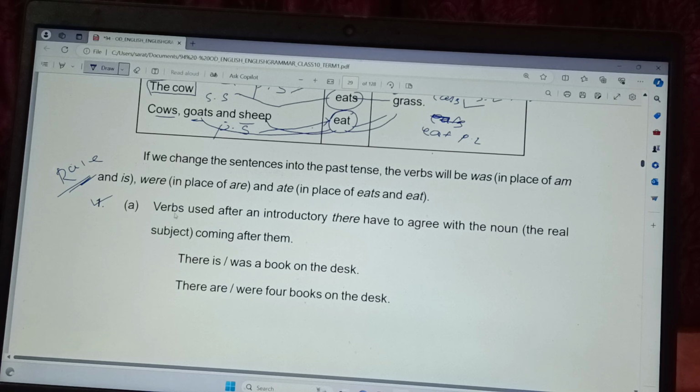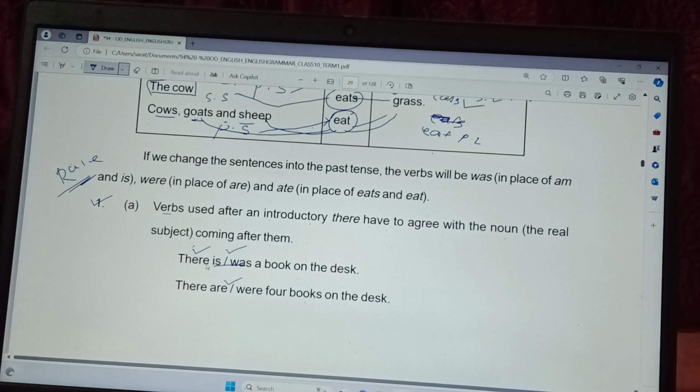Rule 1 says a verb used after an introductory there has to agree with the noun coming after it. That means, guys, if a sentence begins with there, the verb that comes after there may be singular or plural.